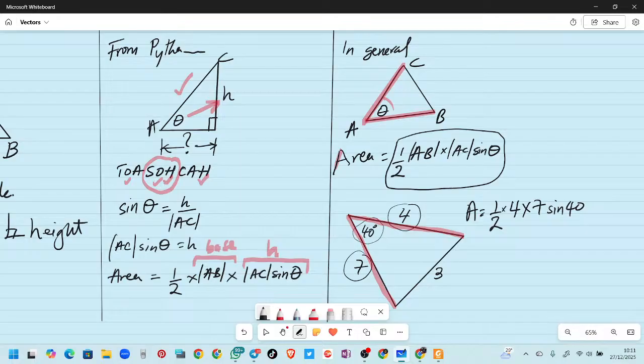Are you getting it? Okay, so if I put another angle here, maybe 20 degrees, what is going to be the area? Let me clean this angle. What's going to be the area of the triangle? 3 sine. Are you okay? Okay, what if I change the angle and I put the angle here, maybe 50 degrees. What's going to be the area?